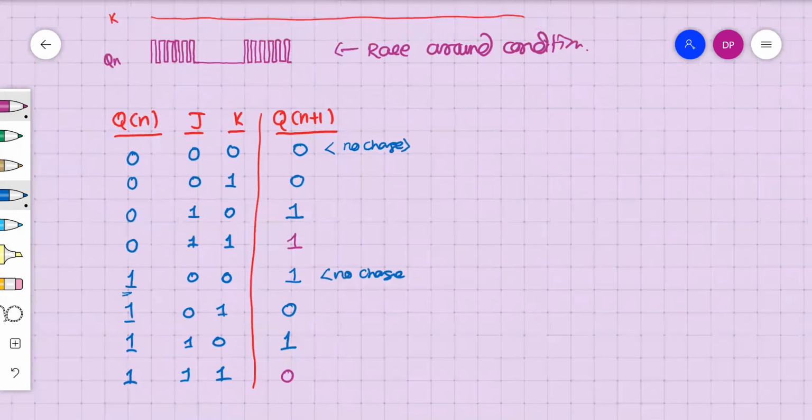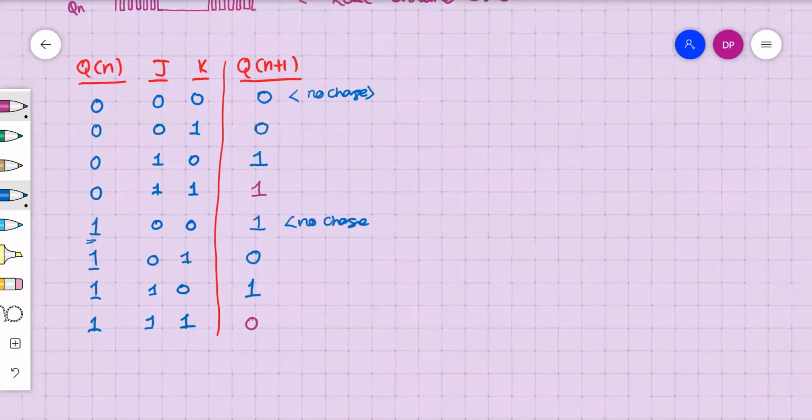Right. So this is the truth table of JK flip flop. Okay, let me write. This is the truth table of JK flip flop.